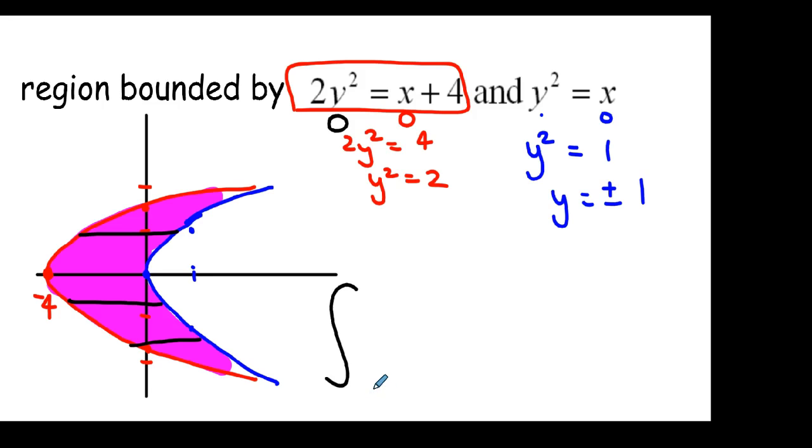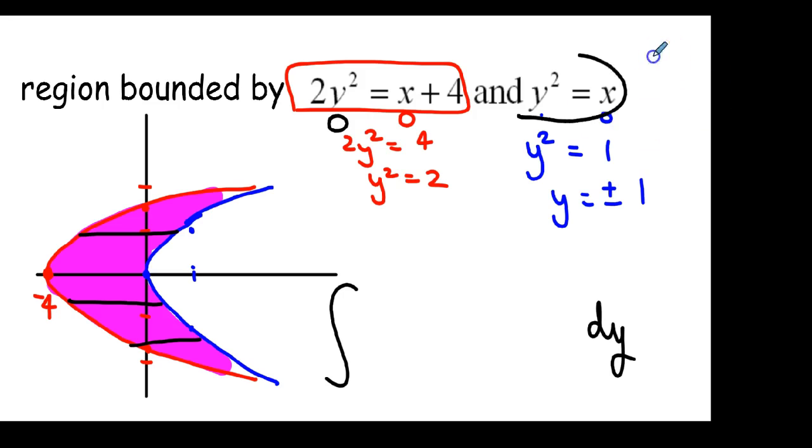So the height of my typical rectangle is blue minus red, right minus left. It's horizontal. It's all about y. So my equations have to be solved for x.